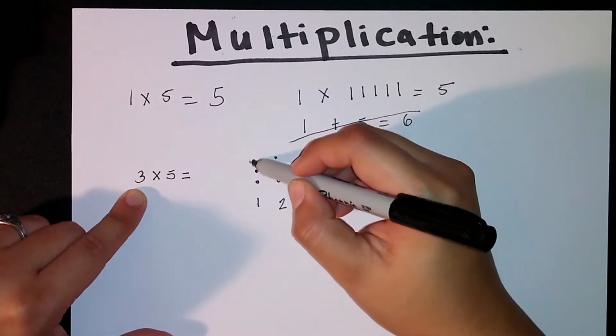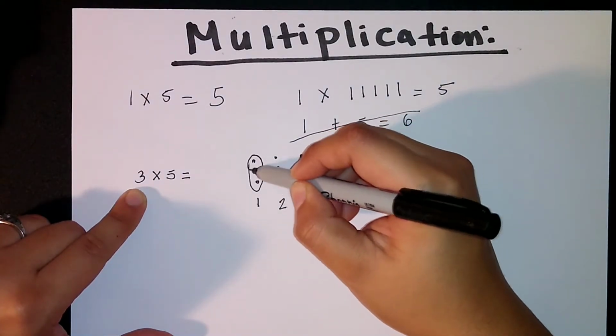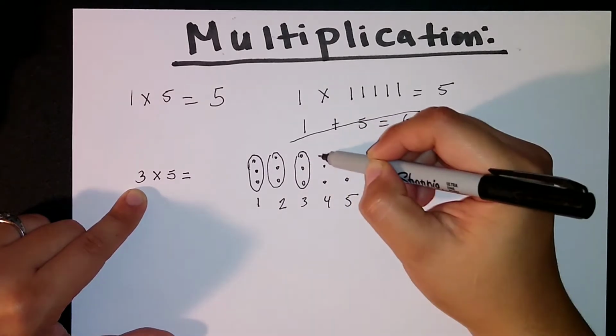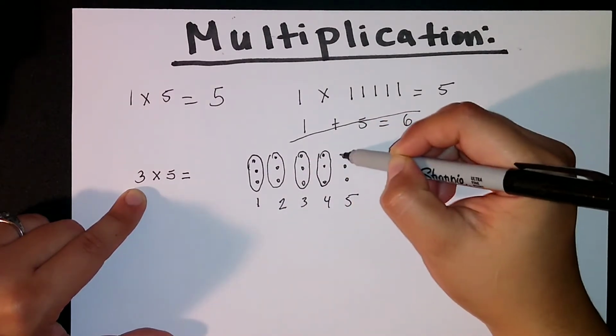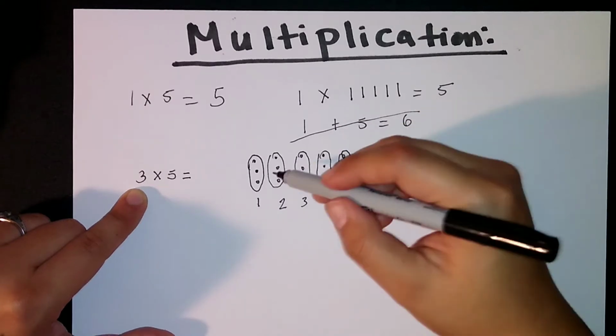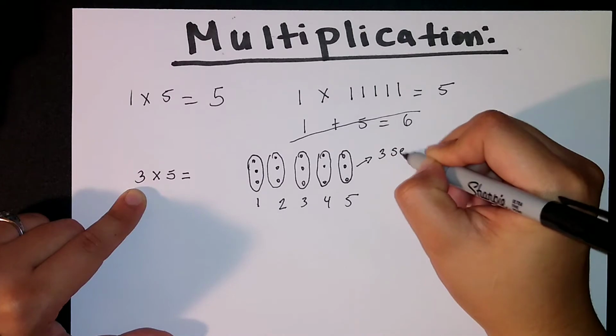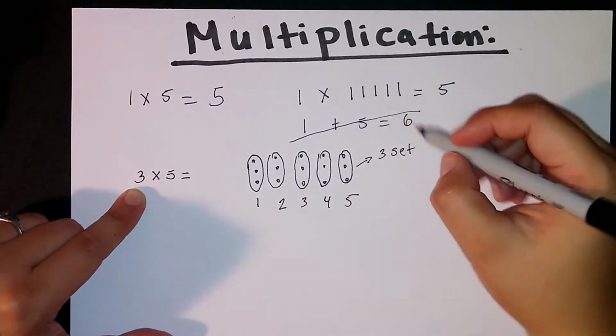So then this would be row 1, row 2, row 3, row 4, row 5. And in each row, we have 3 sets of dots.